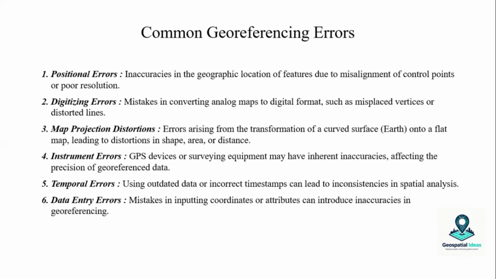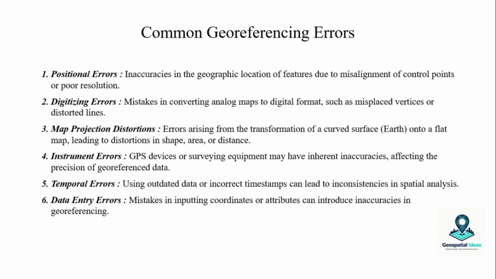Then map projection distortions. That is one thing we were talking about in relation to the transformations that we use. If you don't use the appropriate projection and transformation, it is going to affect your map. Errors arise from transformation of curved surfaces.